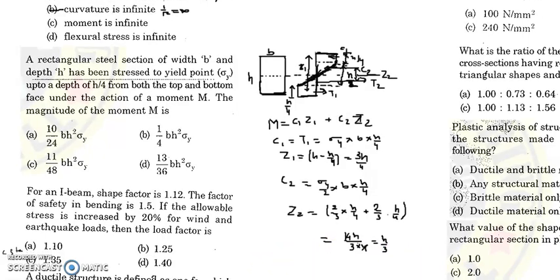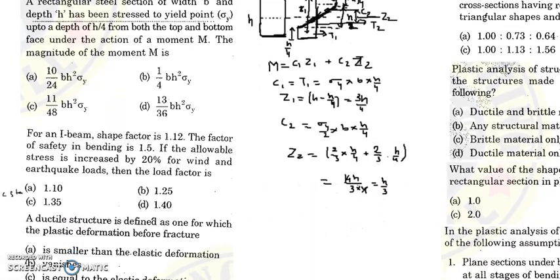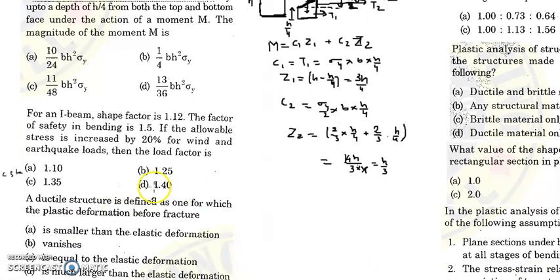So substituting everything into the formula, M is equal to C1, which is sigma y into b h by 4, times Z1, 3h by 4, plus sigma y by 2 into b h by 4, into h by 3.